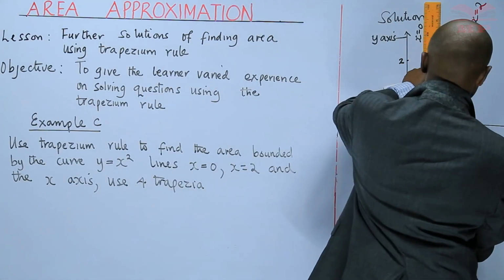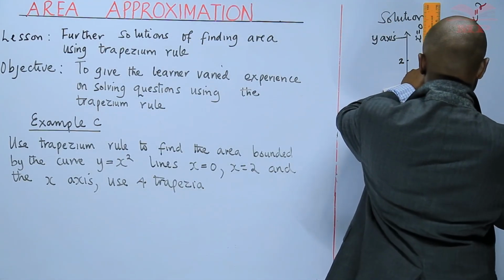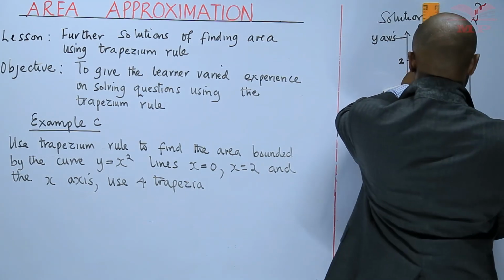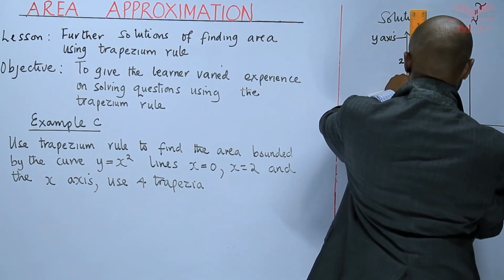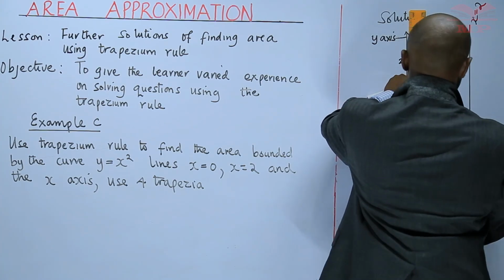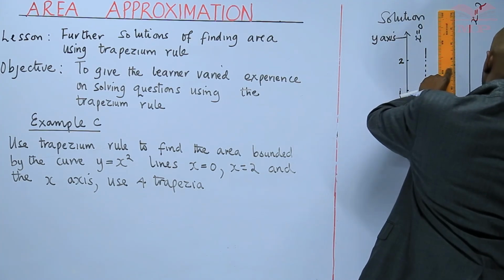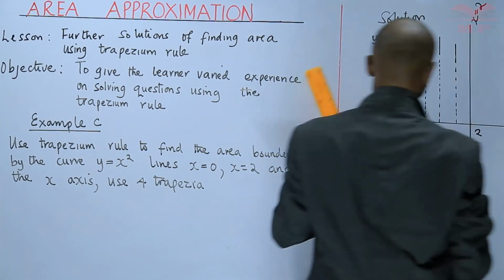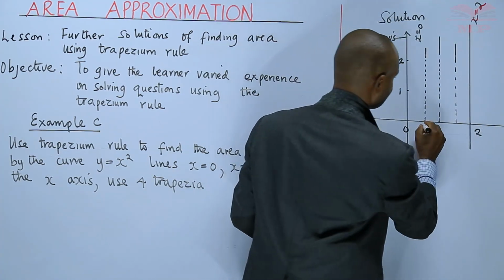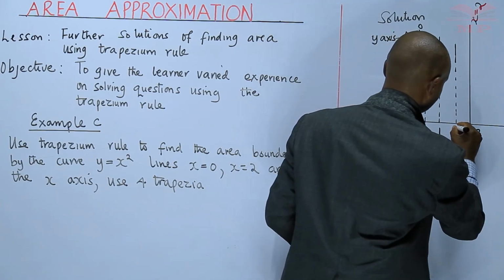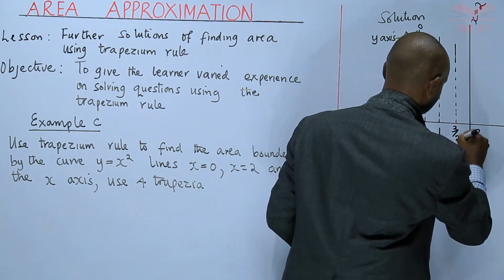I should create an ordinate here, at 1, and create another ordinate there, learner. So in the end, I'll be at a half, and this one will be 3/2.